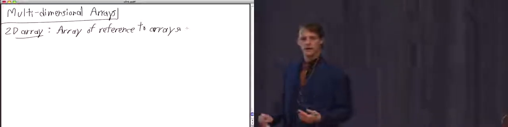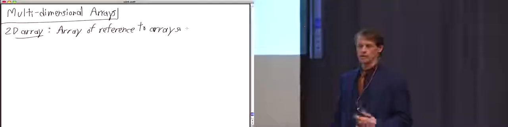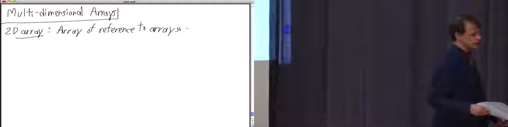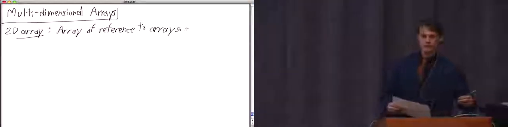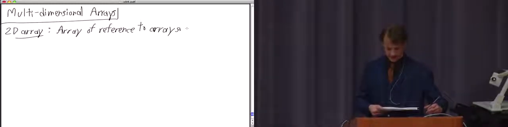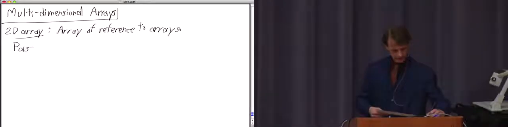A 3D array is an array of arrays of arrays. A 4D array is an array of arrays of arrays of arrays, and so on. To do an example, and to make it interesting, I'm going to do a non-square array, because Java lets you do that. I'm going to do Pascal's triangle.